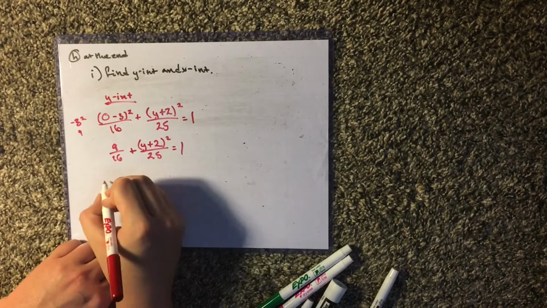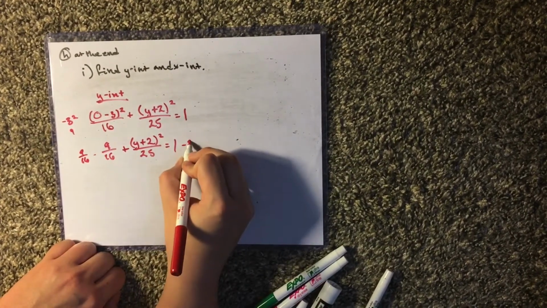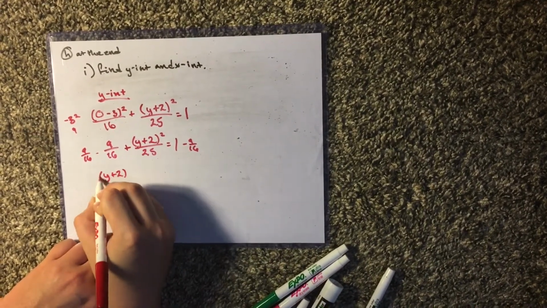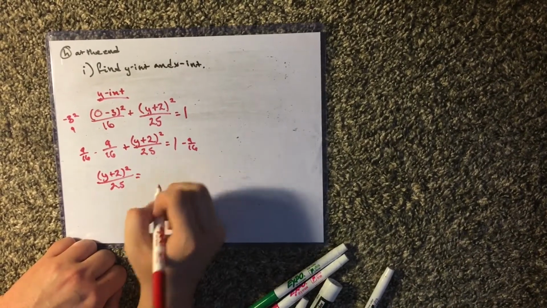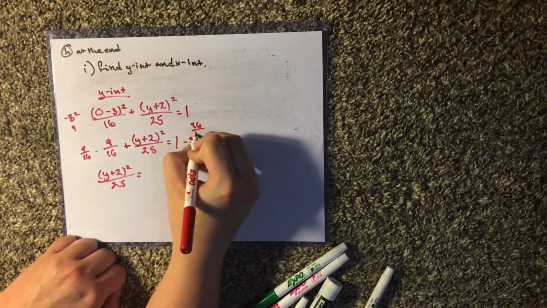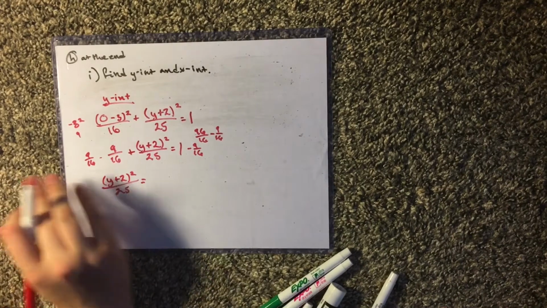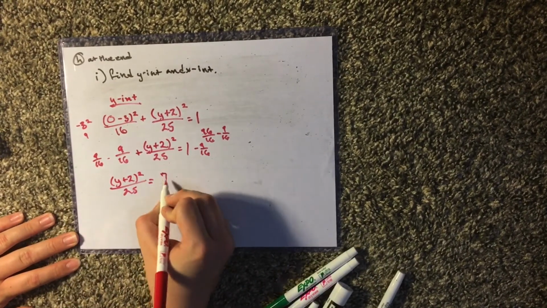So I'm just going to subtract 9 over 16 from both sides. So y plus 2 squared over 25 equals, and I'm going to go ahead and combine like terms by creating like terms. It's 16 over 16 minus 9 over 16. Okay, and that will be 7 over 16.